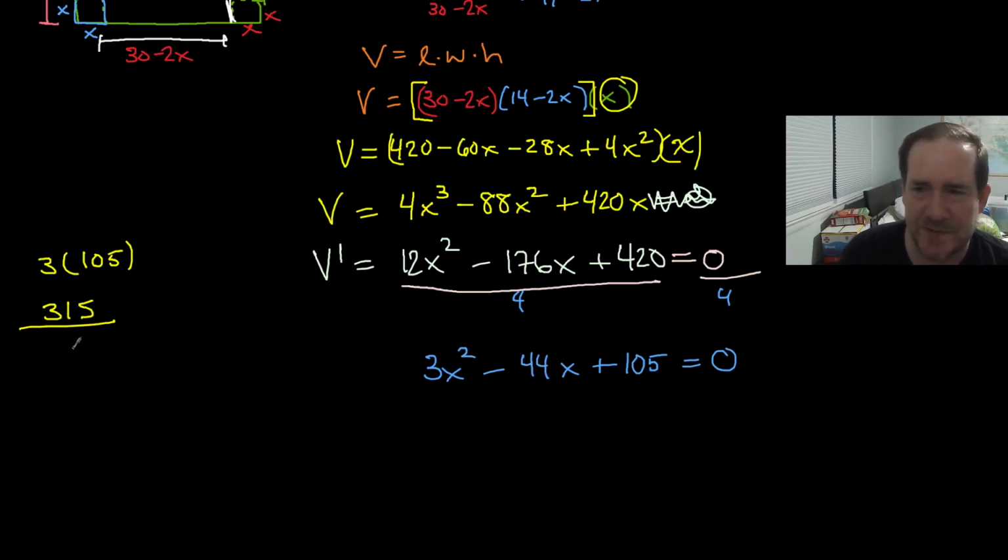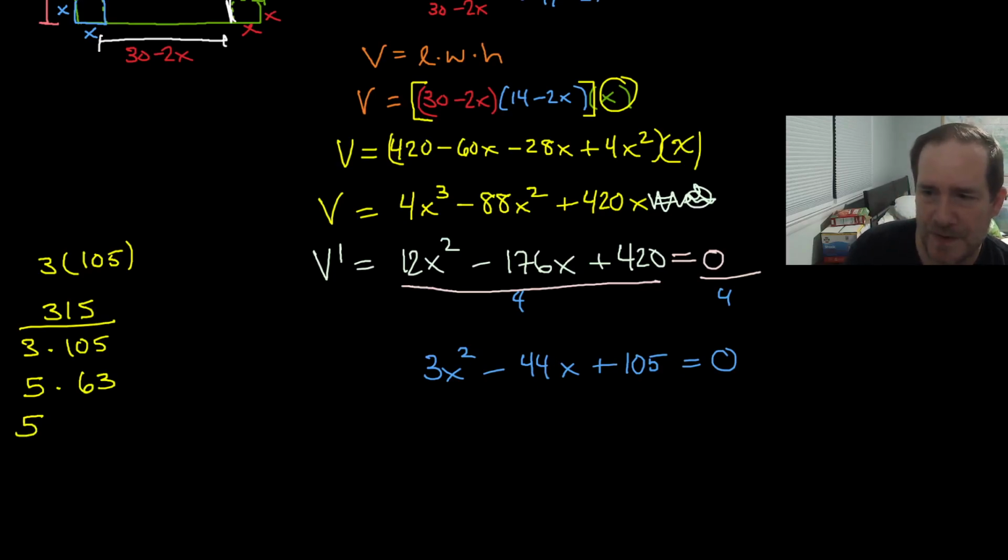So the only thing that jumps out at me, well, I guess the 3 and the 105 jump out, but that's definitely not adding up to 44. Then 5. 5 divides anything that ends in 5. So 5 goes into this 63 times, which is still not giving 44. So here's kind of a neat trick. Now that these numbers are smaller, think about 63. You know 63 is just a 9 times a 7.